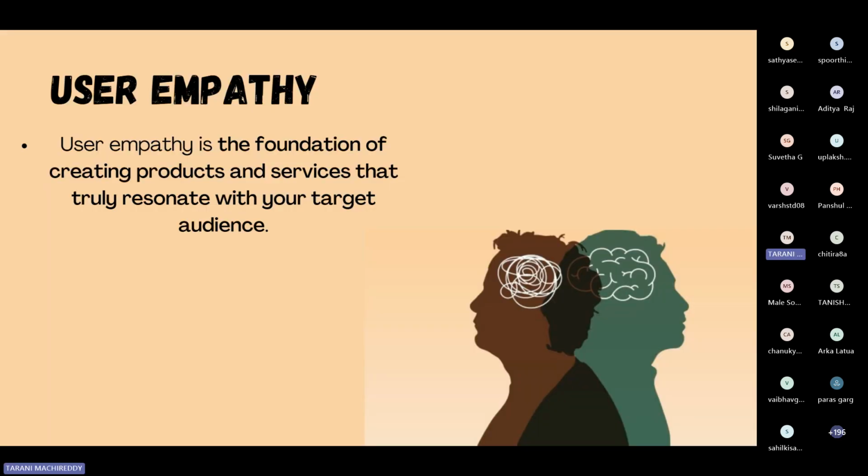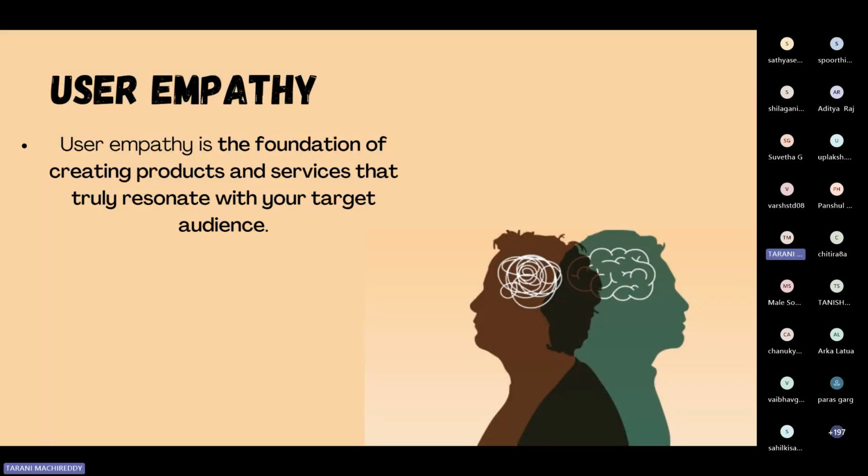Yeah. So user empathy is the foundation of creating products and services that truly resonate with your target audience. What is the need of the user and what the market wants? Like, this is a concept.